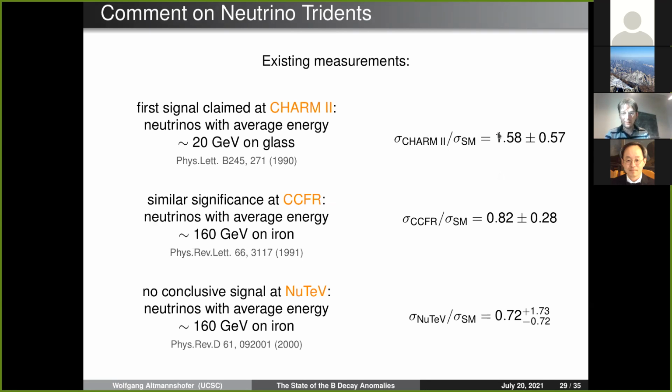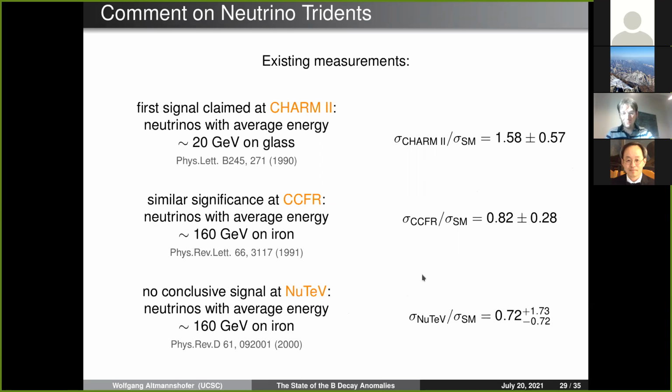CHARM-II and CCFR claim they have observed this process, while the more recent search by NuTeV didn't observe it. They only got an upper bound, if you want, on the cross section of the corresponding process.